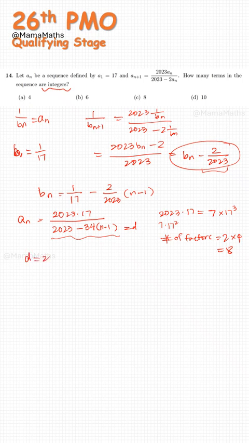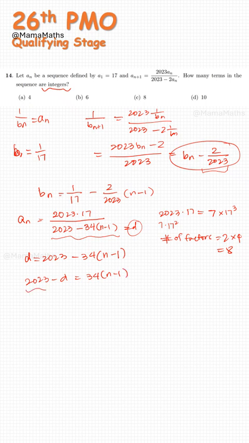However, there is a restriction here. Let's say D is the denominator: 2023 minus 34 times n minus 1. In order for that to be a whole number, let's rearrange it: 2023 minus D is equal to 34 times n minus 1.